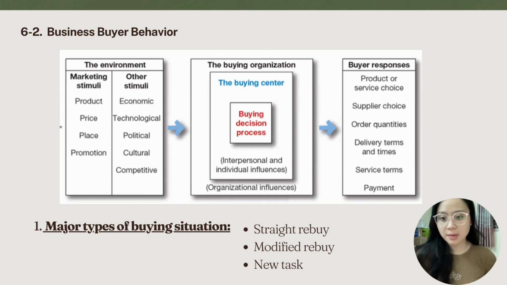The second is modified rebuy, where the buyer wants to modify the product's specifications, price terms, or suppliers. And the last is new task, where the buyer purchases a product or service for the first time.